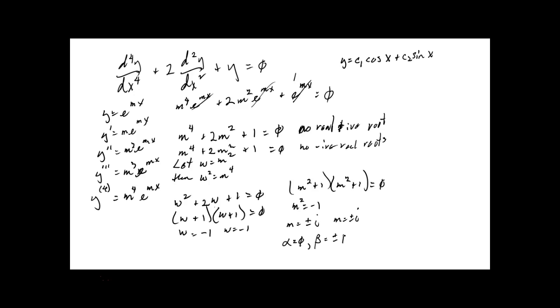You don't ever use plus or minus. And it's 1, but you've got 2 of them, you've got repeated roots. So the next part you put in is C3 x cosine x plus C4 x sine x.